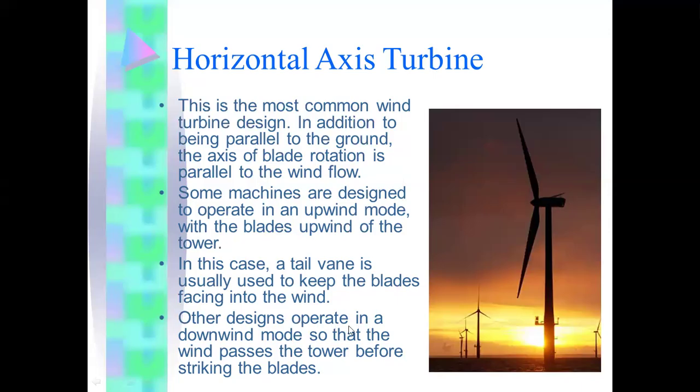We can say that it is downwind. If air is coming from this side, then we can say that it is upwind. Otherwise, if air is coming from this side, we can say it is downwind. In downwind, air will strike the tower first, then the blades.